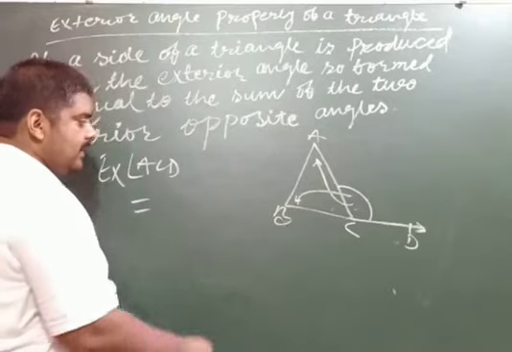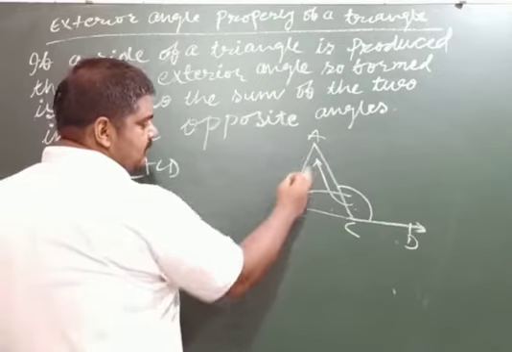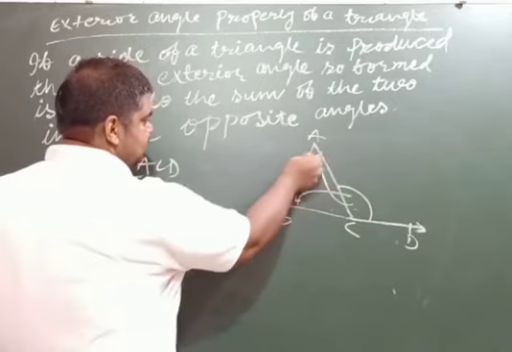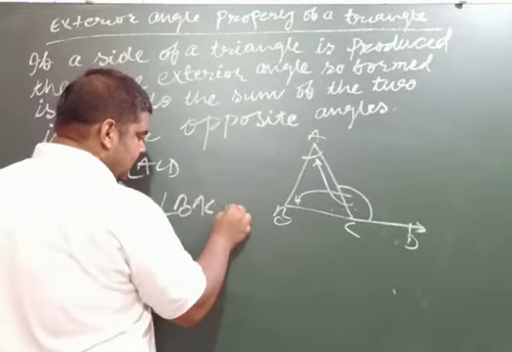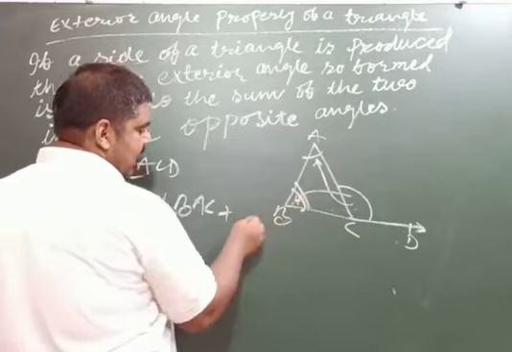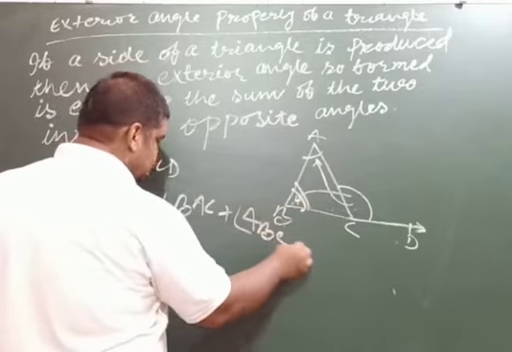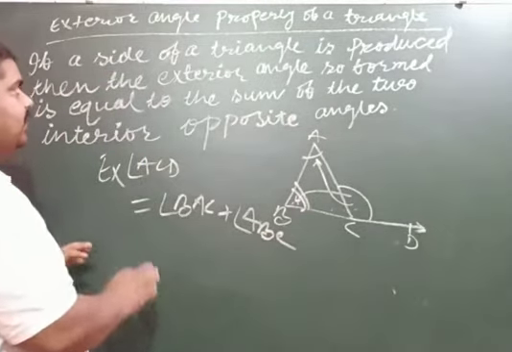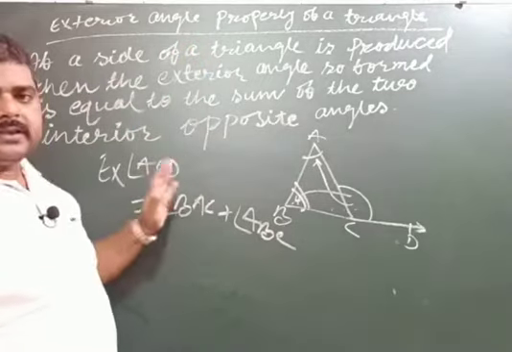One angle is BAC, and the second angle is ABC, and this is why this property is known as the exterior angle property of a triangle.